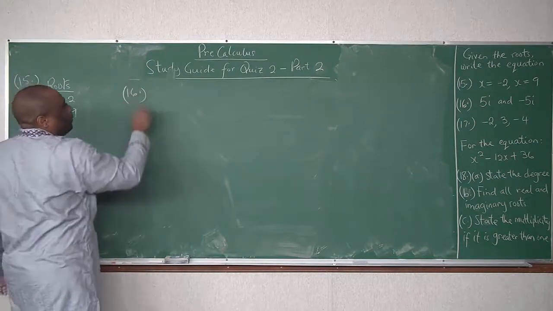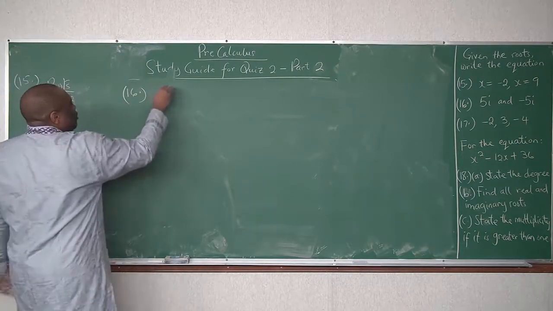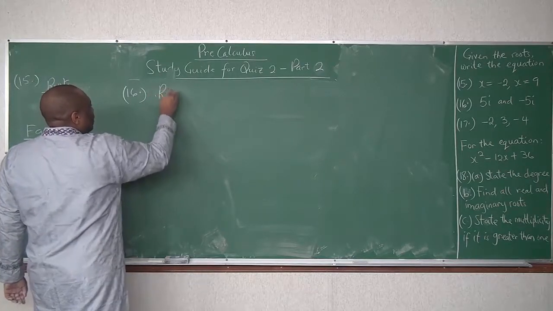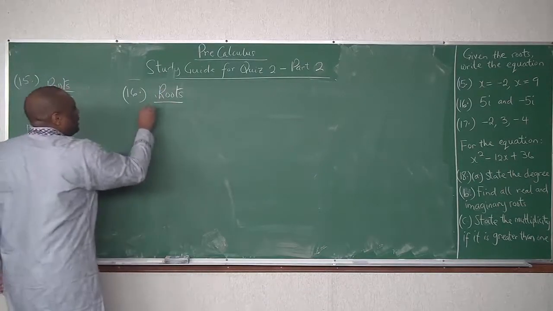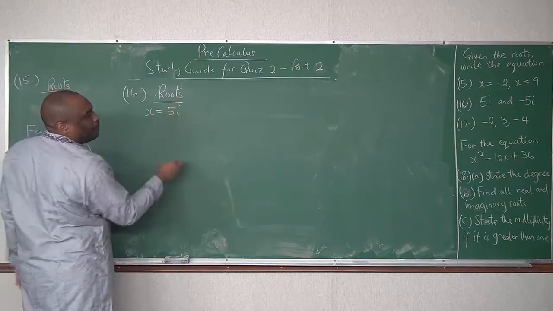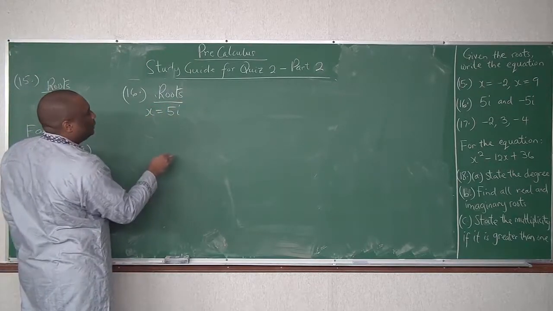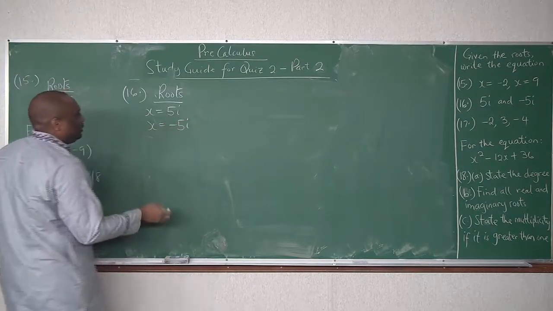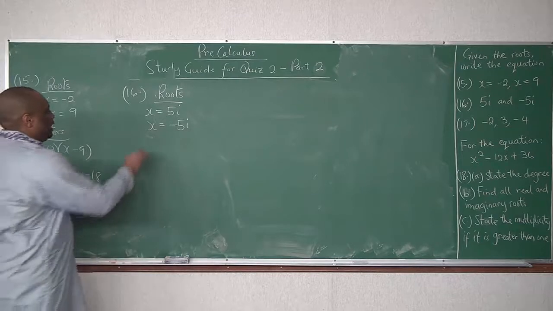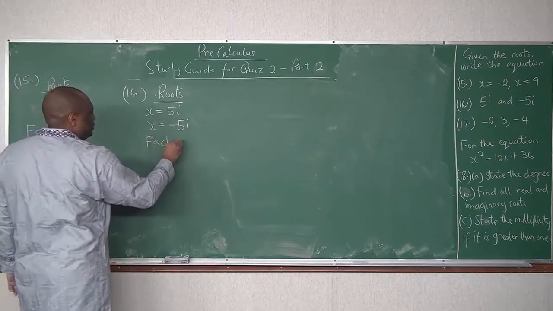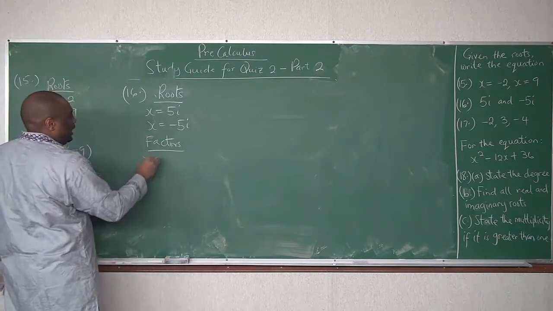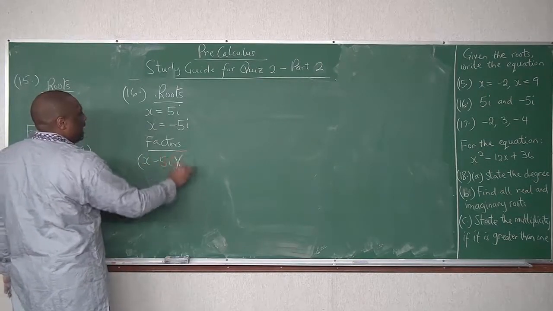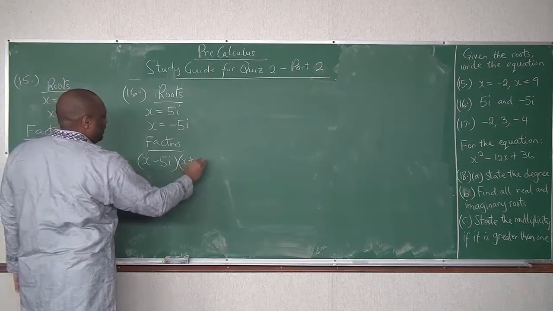16, you have x equal to 5i, the roots, they gave you the roots. x is equal to 5i and x is equal to negative 5i. The same thing, right? What are the factors? Factors will be x minus 5i times x plus 5i.